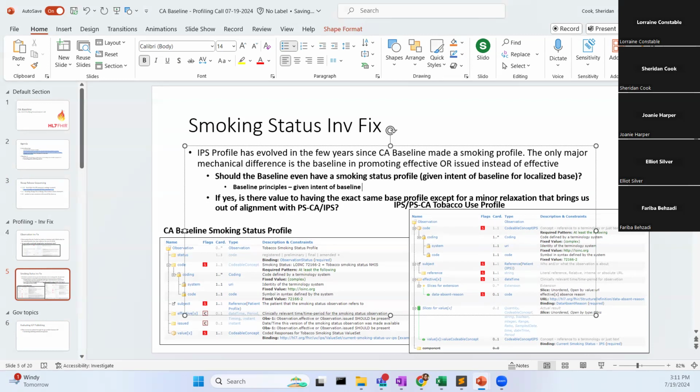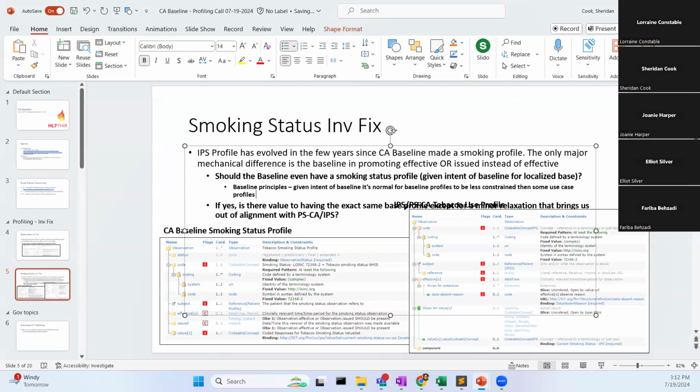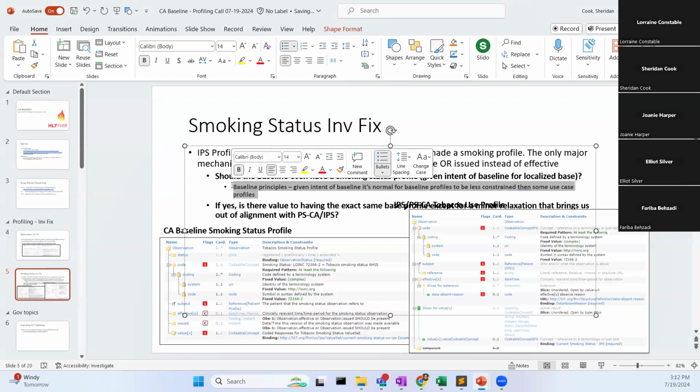The question about being out of alignment with patient summary is backwards. The question is whether patient summary is in line with the base, and whether the base supports both patient summary and any other use cases, if we keep it.